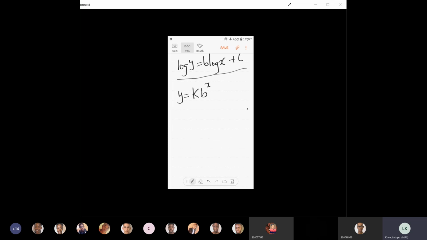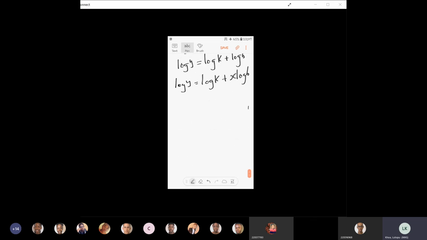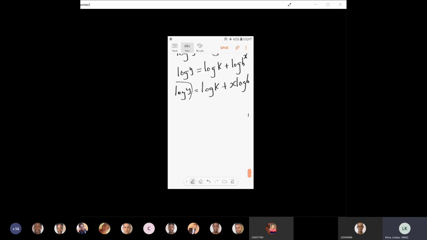So if I take logs here, I have log y is equal to log of k b to the power of x. Now this is log y is equal to log k plus log b to the power of x. So this is log y equals log k plus x log b. Now here you just need to identify what is my y in this case. The function that has y is going to be your y, so this is my y.